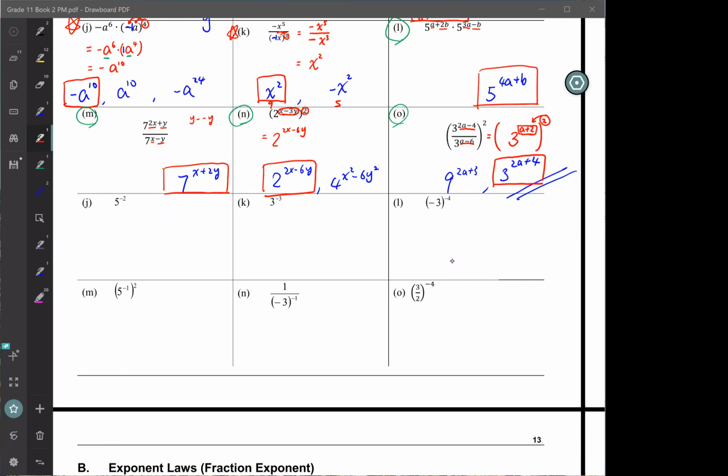Just rewrite it so the exponent becomes positive. Okay, Brandon and Jawan, which one are you having trouble with?